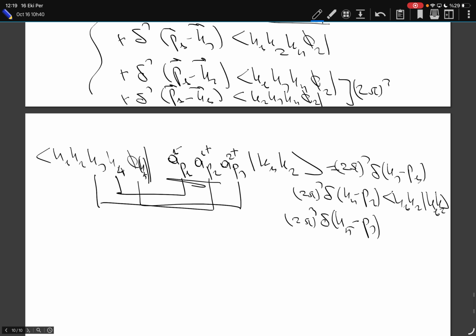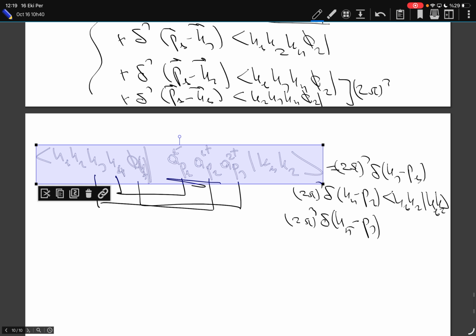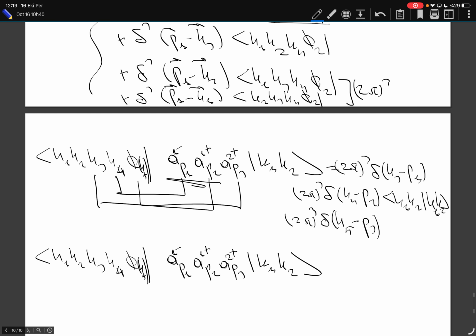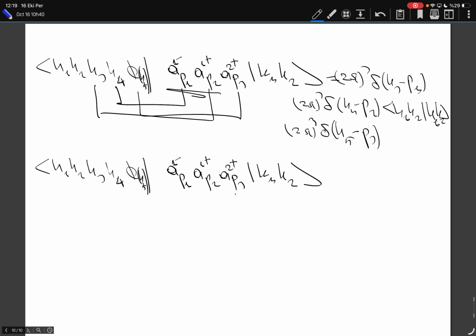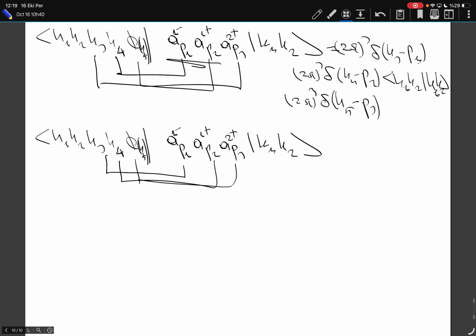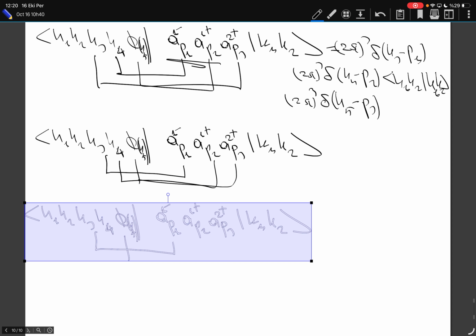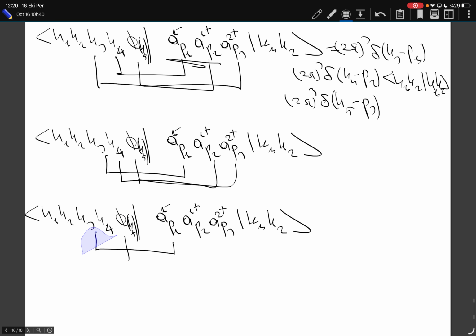Now, there are other contributions. This is one possible contribution. This is another possible contribution. You are forced to do that. P1 is contracted with, let's say, K3, P2 with K4. And then you have these two contracted.